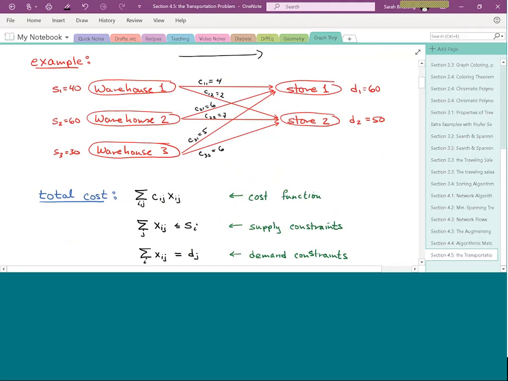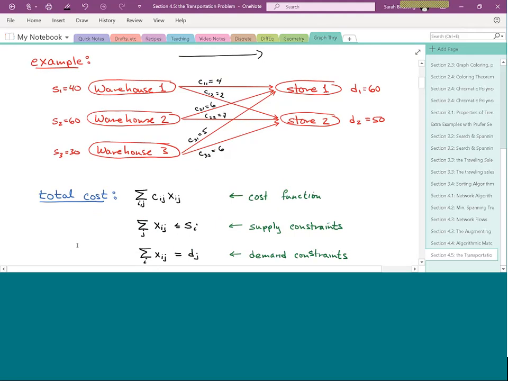Typically, you'd have a few more stores and a few more warehouses, and as soon as you start adding in the extra warehouses and stores, the complexity goes up quite a bit. So we're going to stick with a small example. But the process is exactly the same regardless of how many warehouses or stores you have.